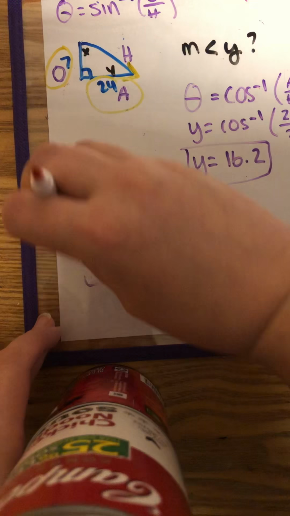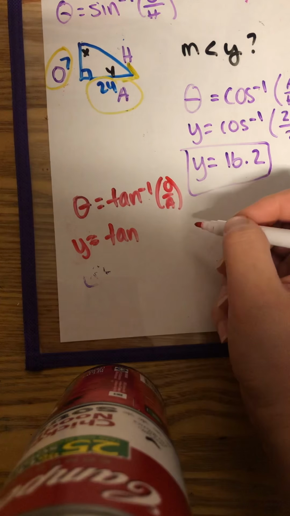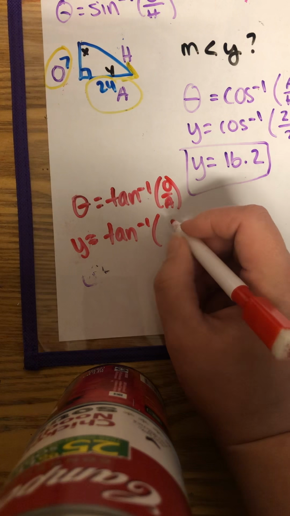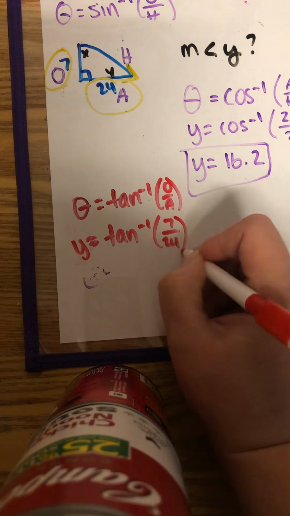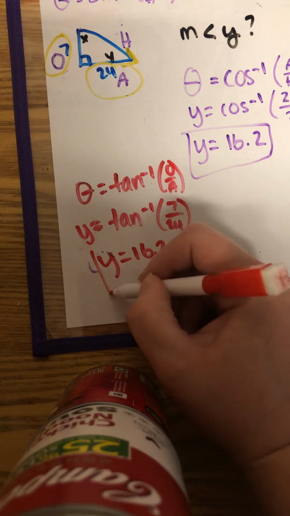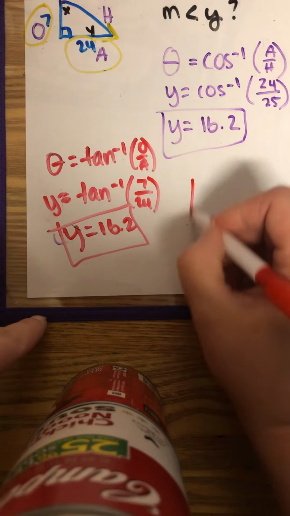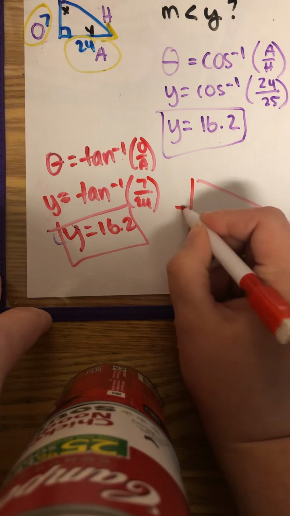So again, I could leave it as the angle symbol if I want, but I'll put in Y since we know that that angle is called Y. The inverse, O over A, my O is 7, my adjacent is 24. And if I plug that into the calculator, I get 16.2 again. So I have identified that my triangle, if it has a 24 for a side, a 7.